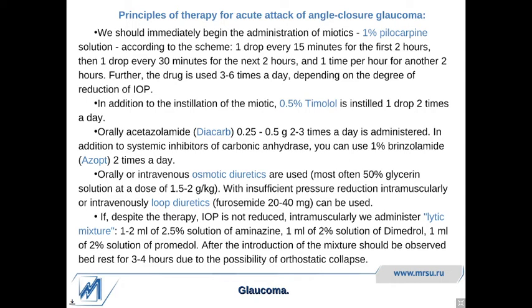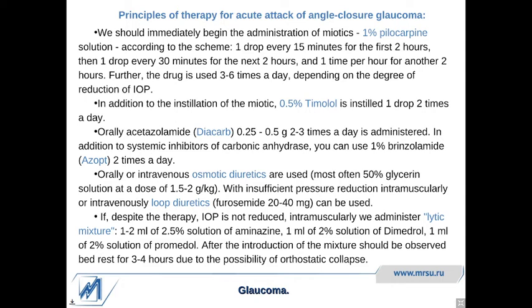Also, orally, we can use acetazolamide. Orally or intravenous osmotic diuretics we can use. Use a specific lytic mixture if we have no results from previous treatment.